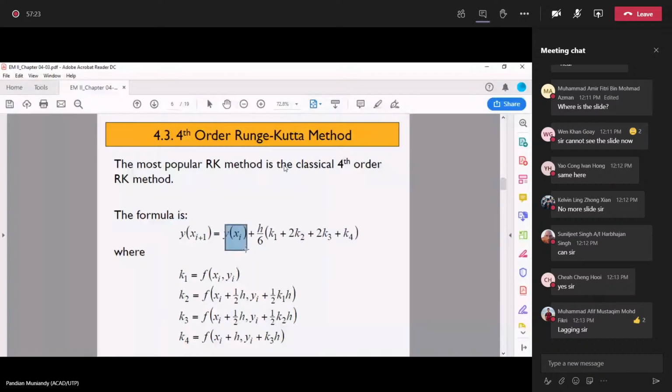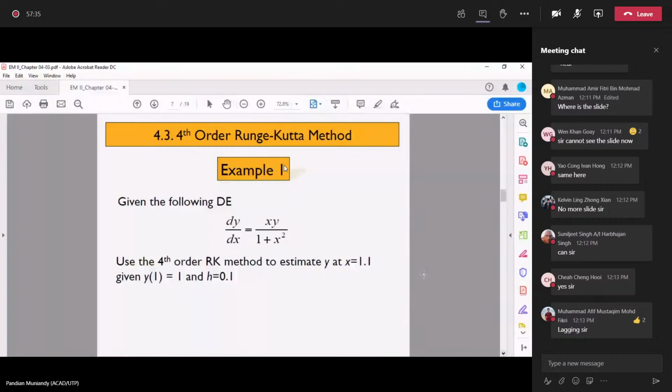And then the differential equation, the first order differential equation. In order to explain the whole process, you see the example here. The example here is dy dx equals xy divided by 1 plus x squared. I want to show you something, the relationship between this chapter 4 and chapter 1.